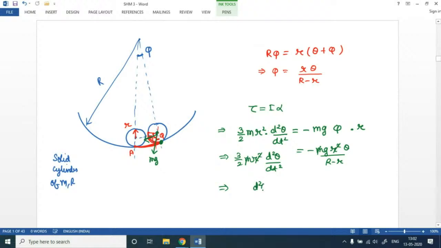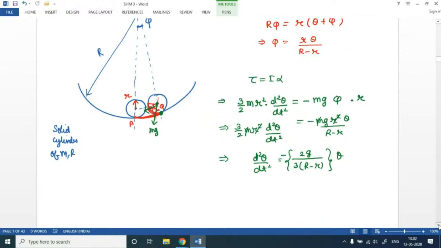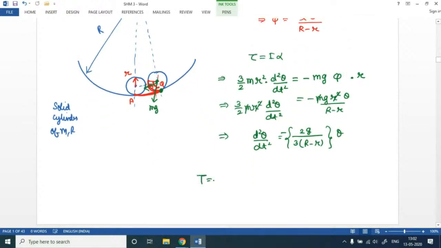So d2 theta by dt square here would be nothing but 2g by 3 times capital R minus r, into theta, and obviously there would be a negative sign over here. So obviously the time period of oscillation in this case would be 2 pi root under 3 times R minus r upon 2g. So that would be the time period of small oscillations.